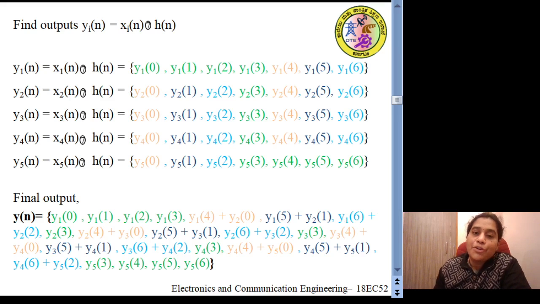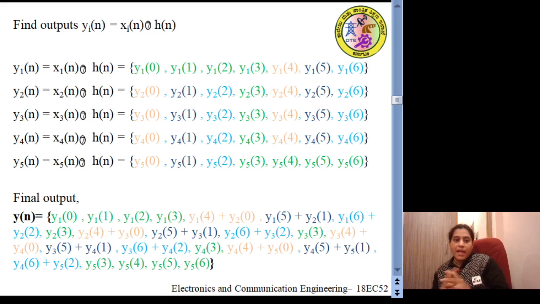So here our output block has the samples y5 of 0, y5 of 1, y5 of 2, y5 of 3, y5 of 4, y5 of 5 and y5 of 6. Observe the things to be considered here; we have to concentrate.